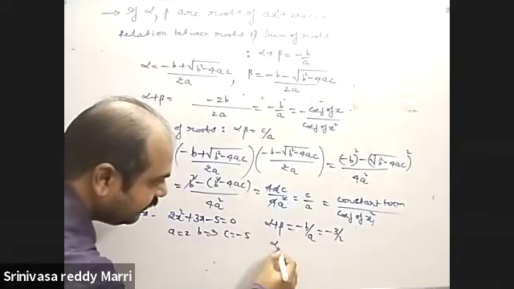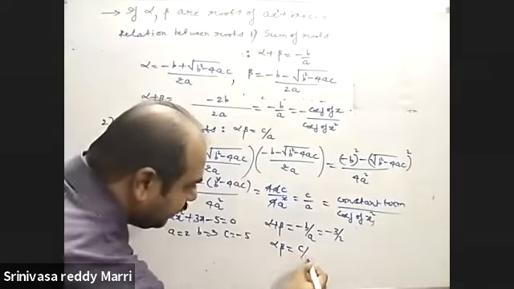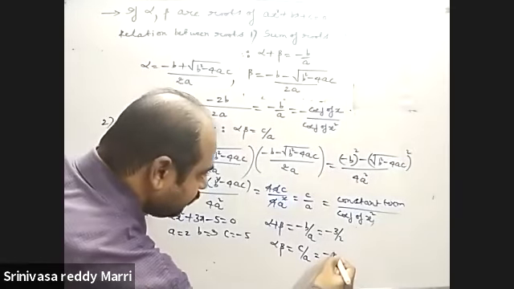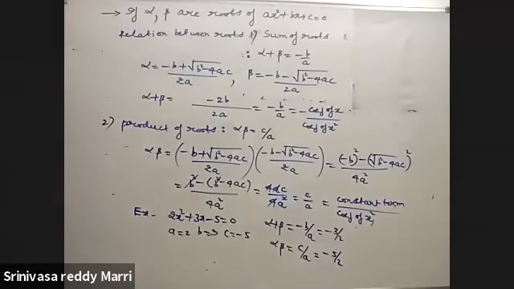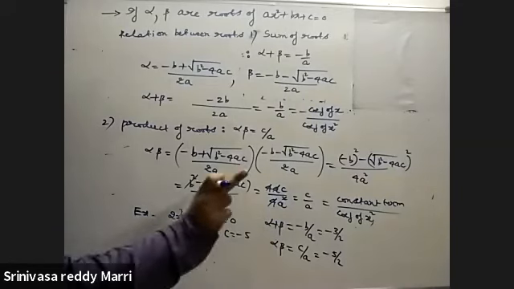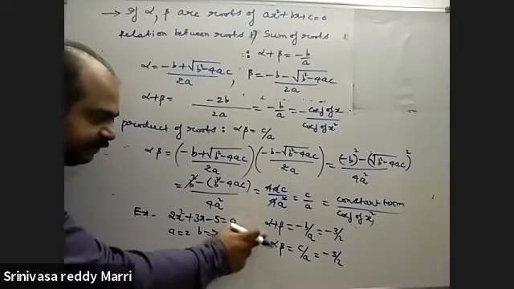Alpha into beta is nothing but c divided by a, which is minus 5 divided by 2. These are the relations between the roots. Whenever in the problem alpha comma beta are given as the roots, write the relation between the roots.